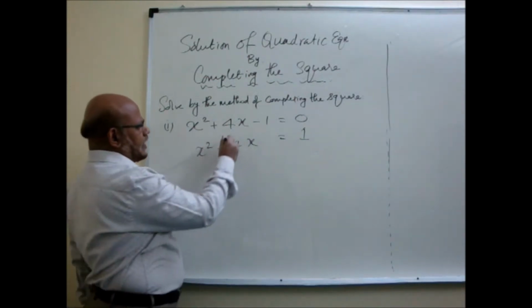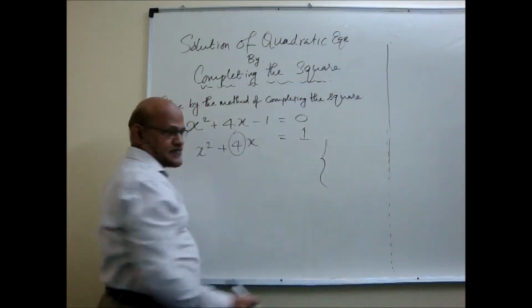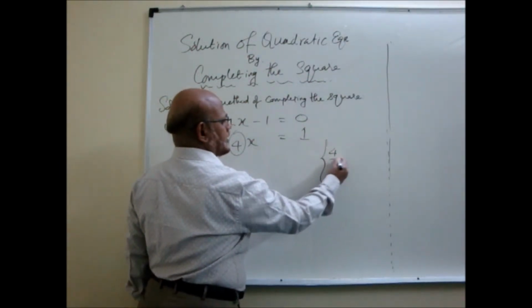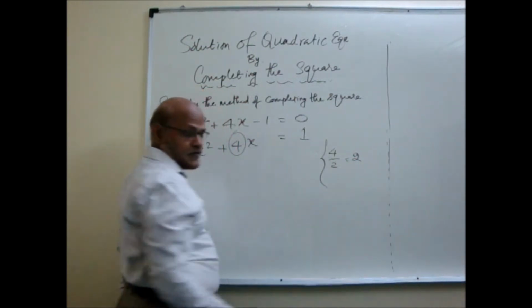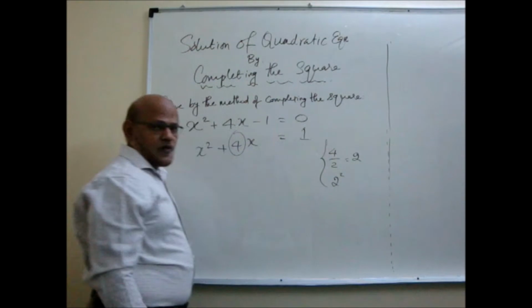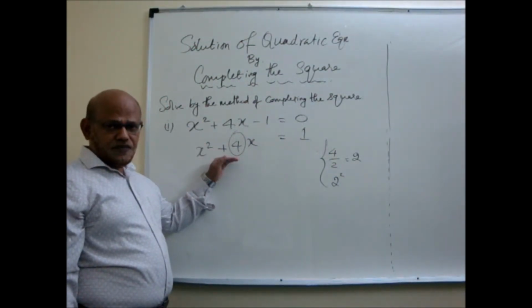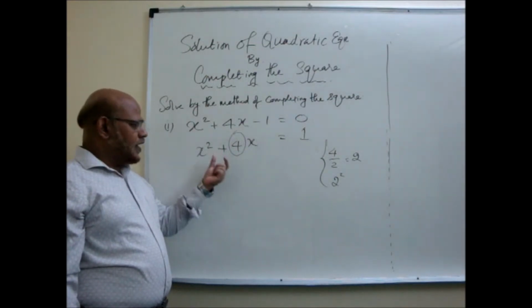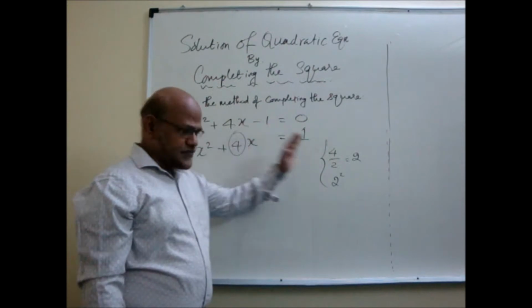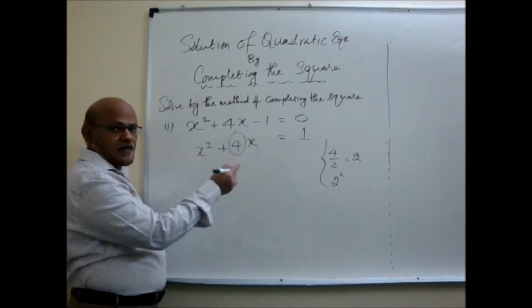Next, take the coefficient of x and take exactly half of it. So 4, half of it is 2. Square it, 2 square. This 2 square means you take half the coefficient of x and square it. Add it to both sides. So I add 2 square on both sides.